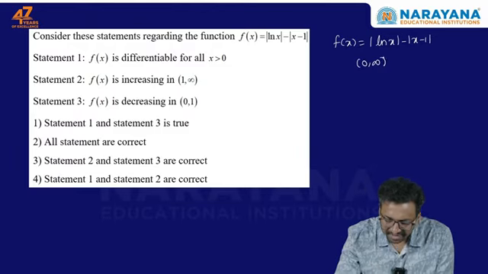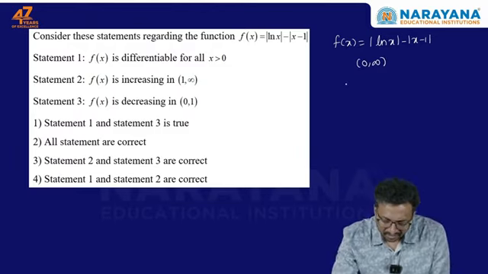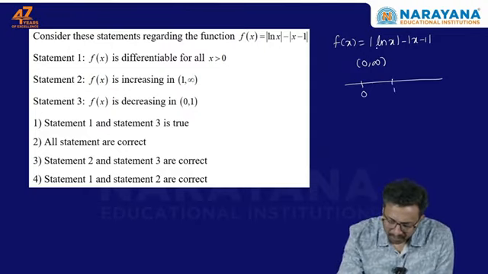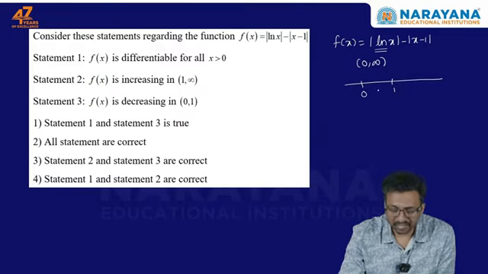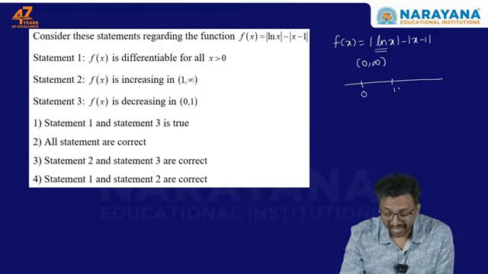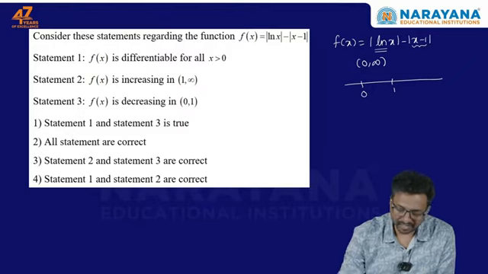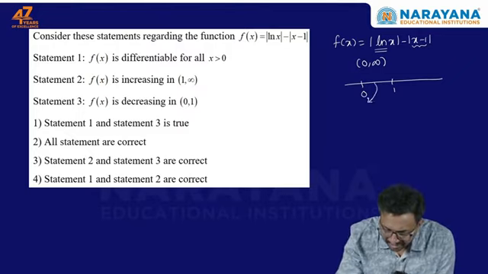So let us try to remove the mod first. If you take between 0 to 1 and 1 to infinity, between 0 to 1 log x is negative, and after 1 log x is positive. Similarly, x minus 1 after x equal to 1 is positive, before it is negative. So what is f of x in 0 to 1?